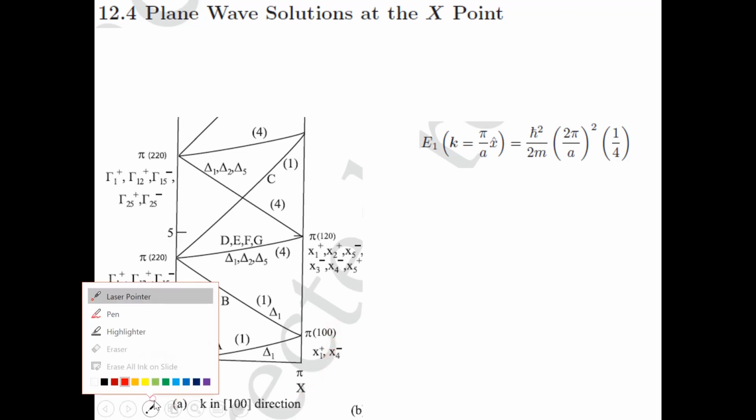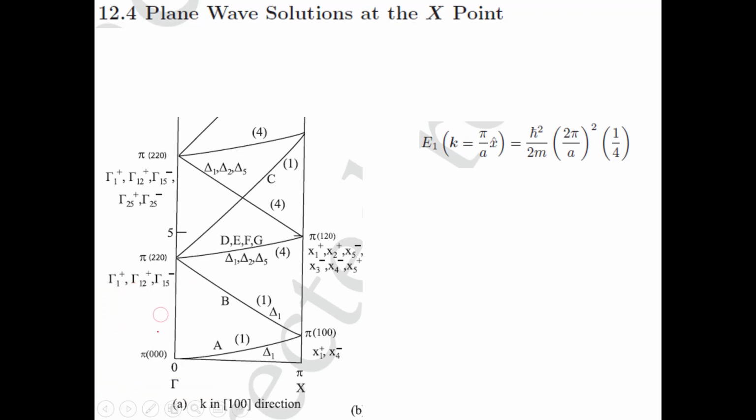Just to go back to our original description, again, if we consider only kinetic energy, the bands are written as the kinetic energy of different plane waves with wave vector k minus G, and G is a reciprocal lattice vector.